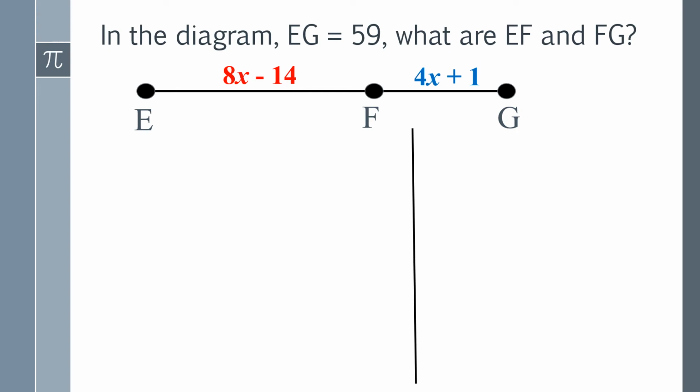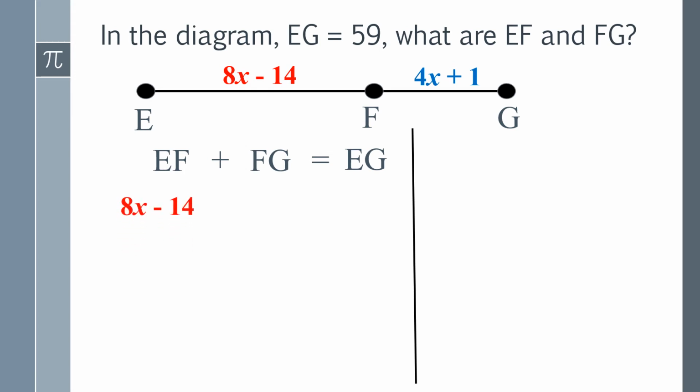We're going to use the segment addition postulate in order to figure out what the value of each segment is equal to. But first we have to form an equation and solve for x. So the length of EF, which is part of the segment, plus the length of segment FG is equal to the length of segment EG, which is the entire segment.